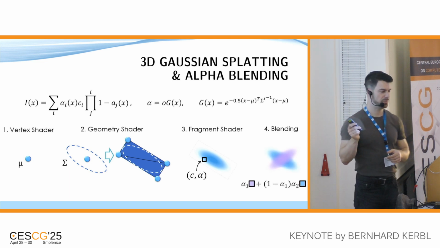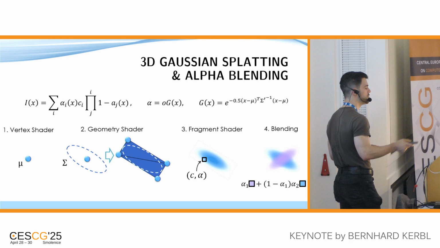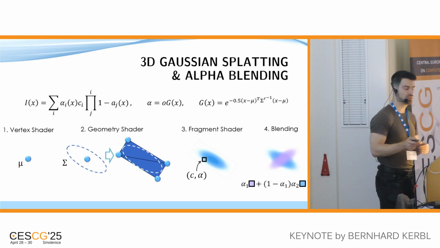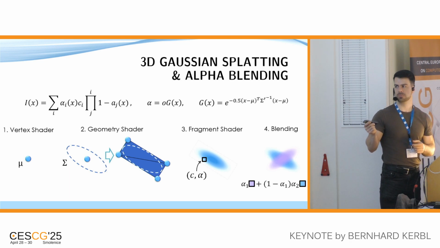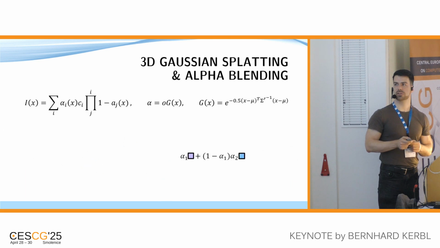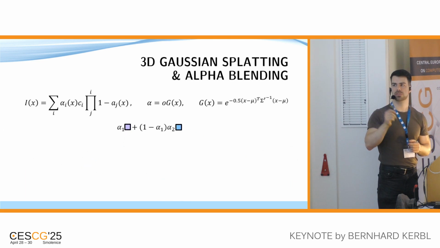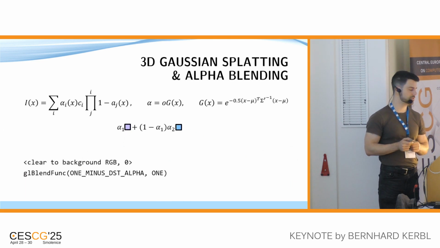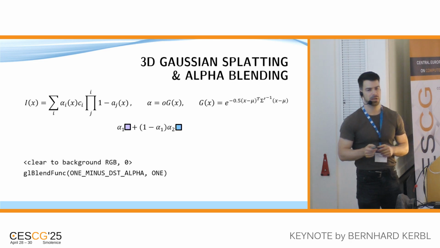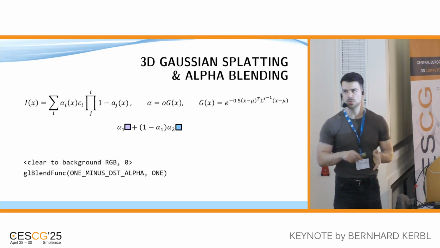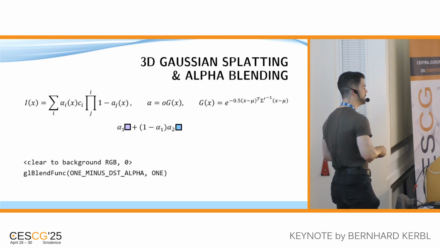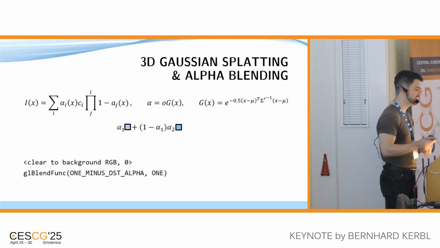And then with this opacity, all you have to do is render those Gaussians with a very standard blending function. And this simple blending function actually maps to just two very simple commands in OpenGL. All you have to do is make sure that your background for rendering is cleared to an empty field, and you have to use the GL blend function that is described here.